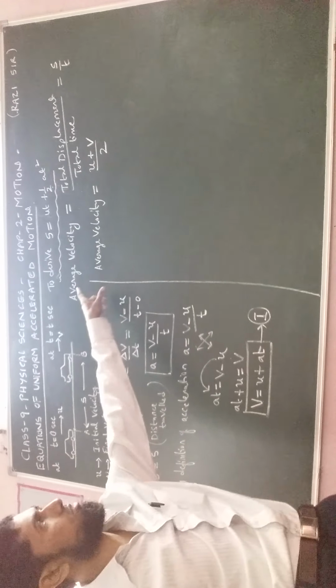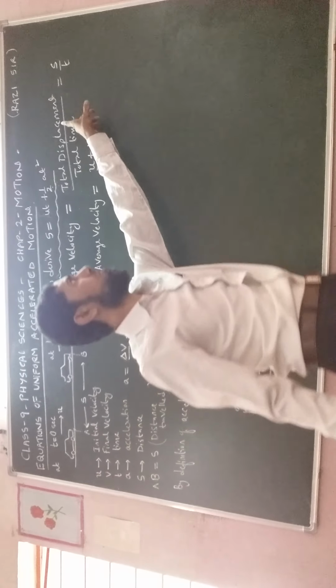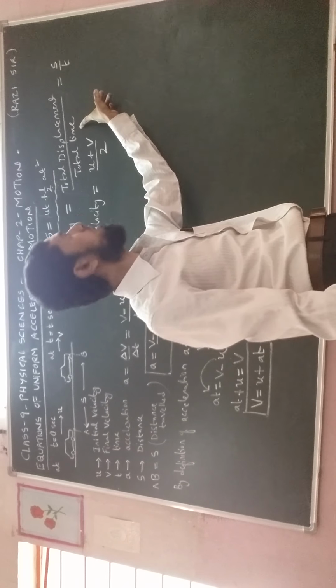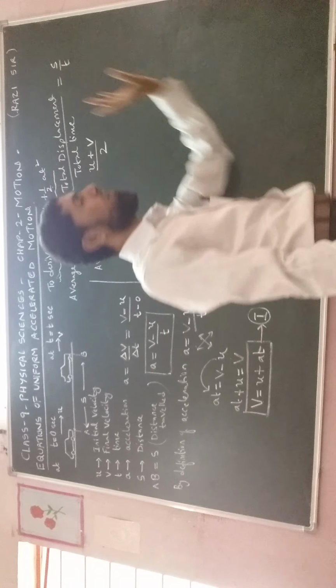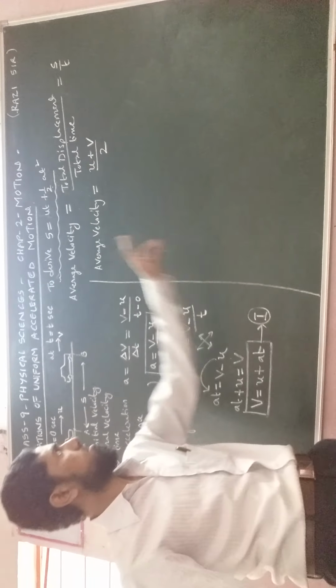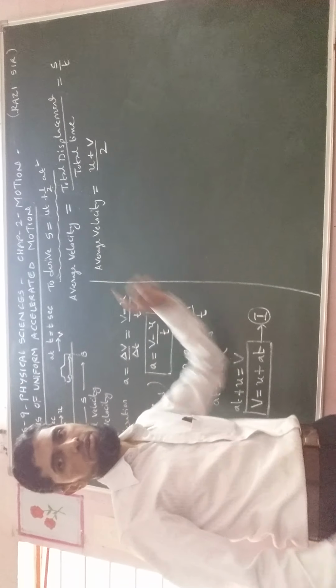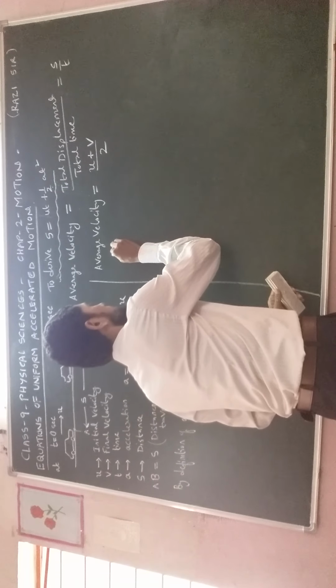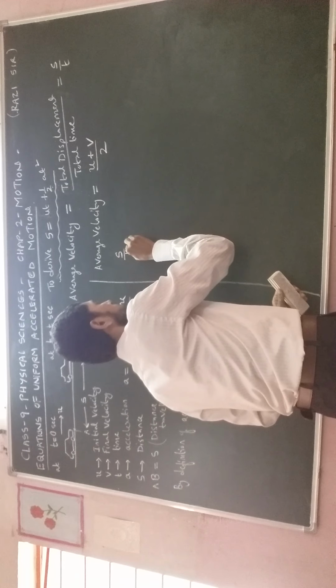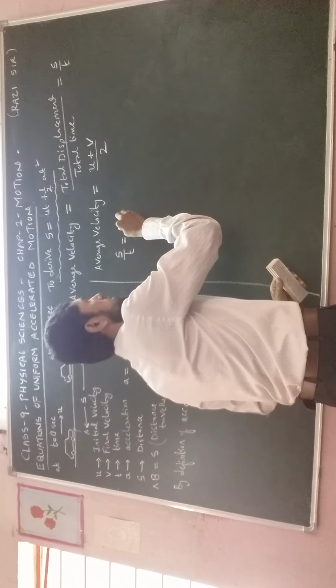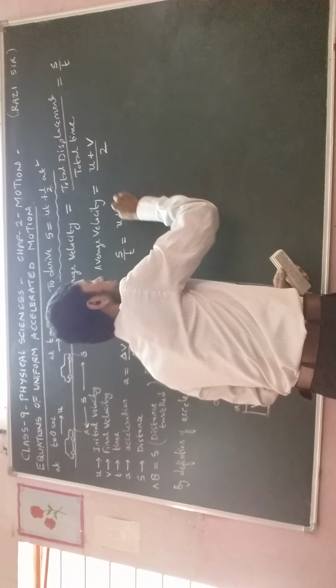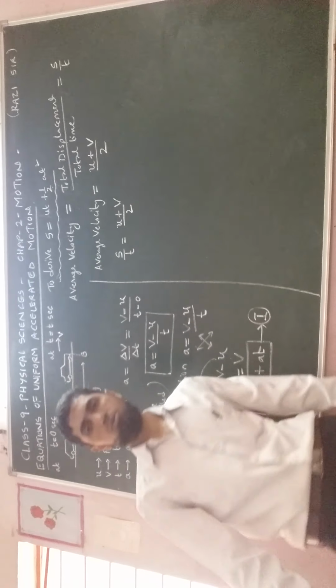But by definition, we have average velocity as total displacement by total time, which we take as S by t. That means these two values are the same. So we get an equation: S by t is equal to u plus v by 2.